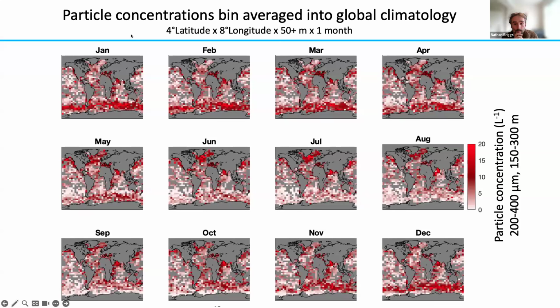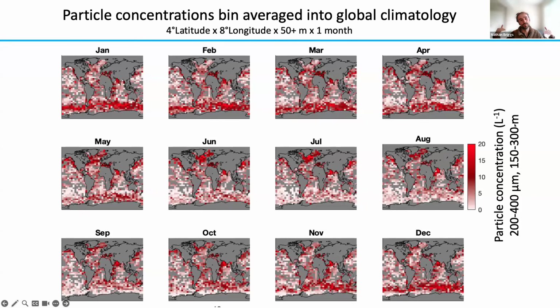So here's the results of now applying this to the global climatology. What I've done is taken all the profiles from all the floats in the entire time period, 2010 to 2025, and taken the concentrations of particles. In this case, I'm looking at particles between 200 and 400 microns, and I'm looking at depth between 150 and 300 meters.